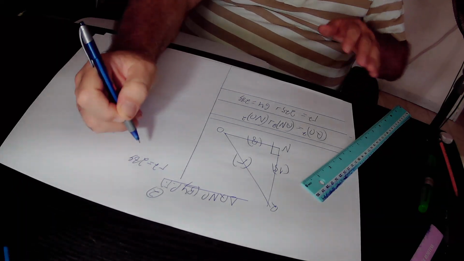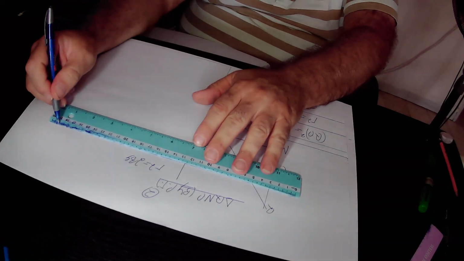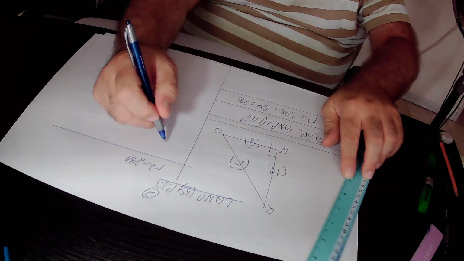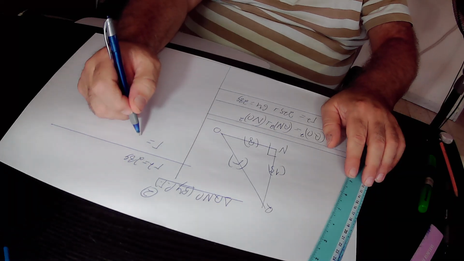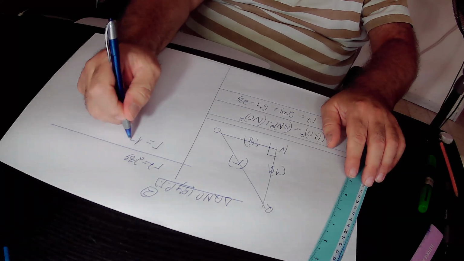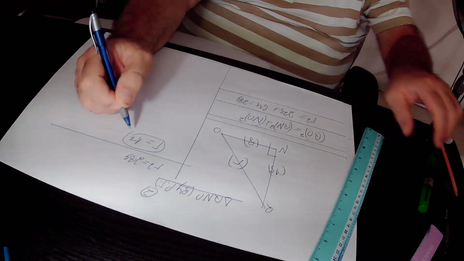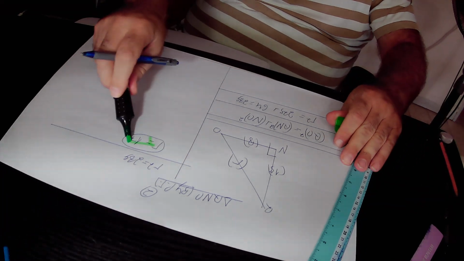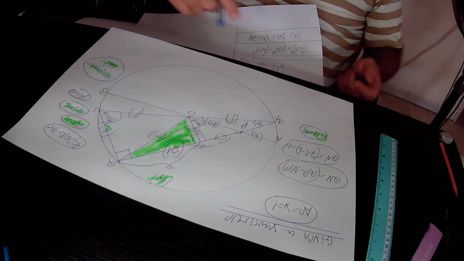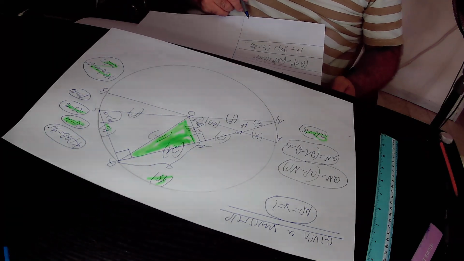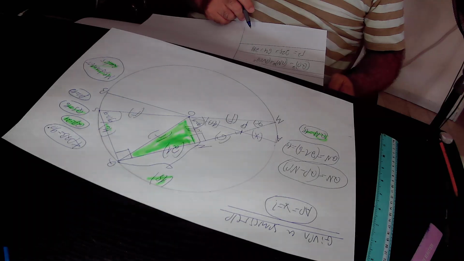So R squared equals 289. Here we will take the root of this equation and find that the radius R of the circle equals the square root of 289, that is 17. So the radius R of this circle is equal to 17 units in length.